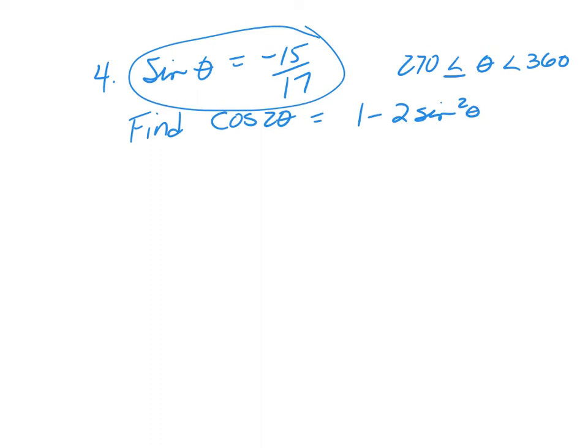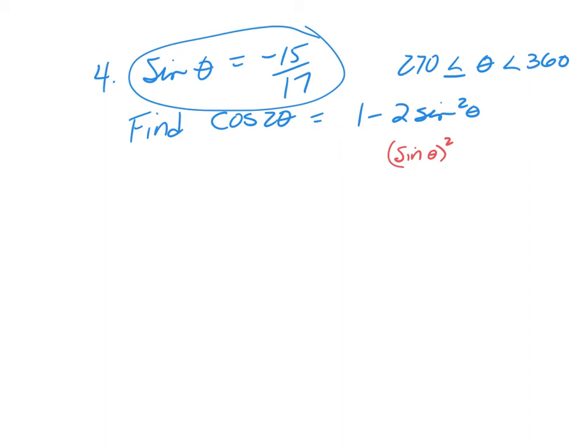And for some reason, whoever invented these formulas, when they have sine squared of theta, that really means sine of theta squared. But they put it that way, and I really don't know why. But that's how they put it. So whenever you see cosine squared of theta or sine squared of theta, it's sine of theta squared, okay?